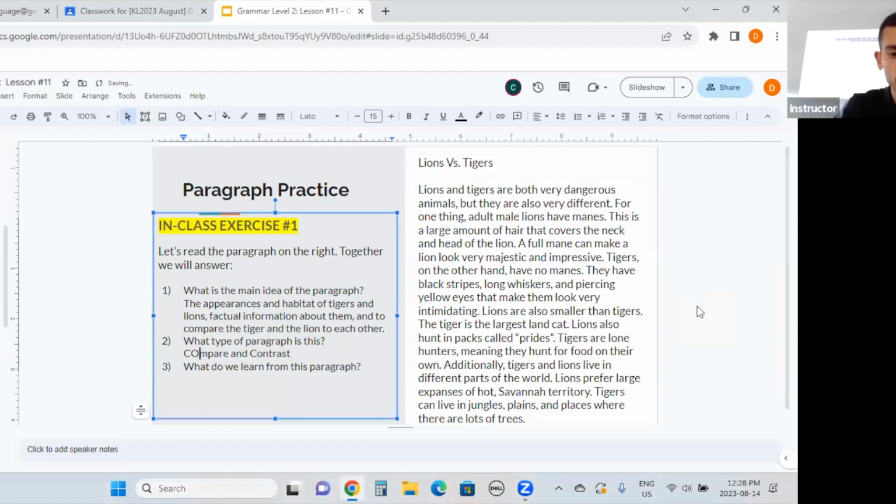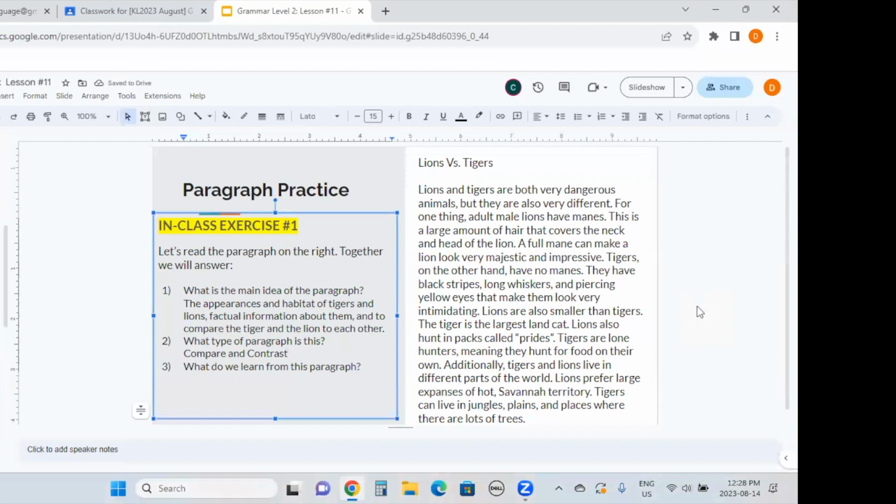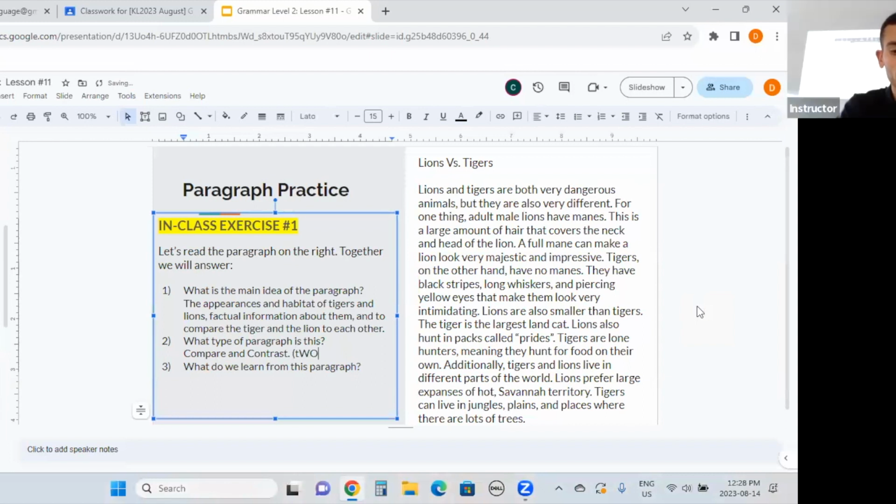Because they're comparing the lions and tigers. Exactly. Two things are being compared. Even in the title, it says lions versus tigers. That's why it seems almost like a paragraph about them fighting, right, Martin? But the versus just means the differences between the two.